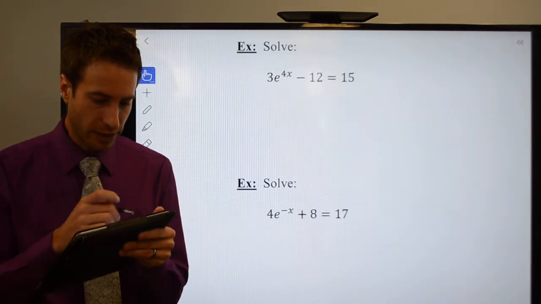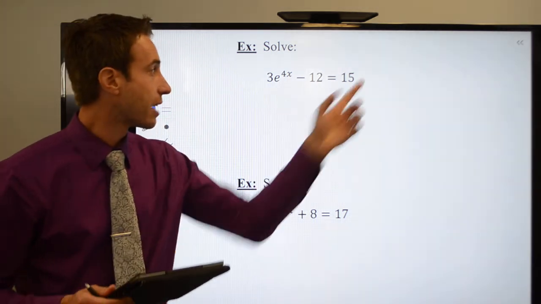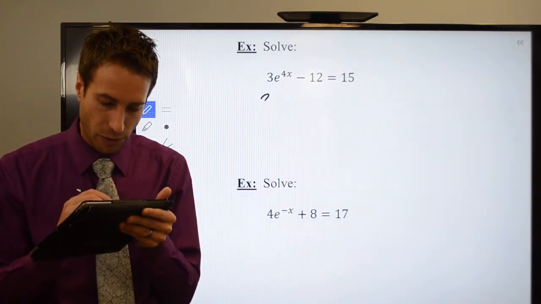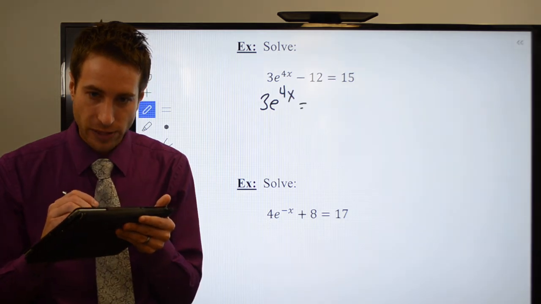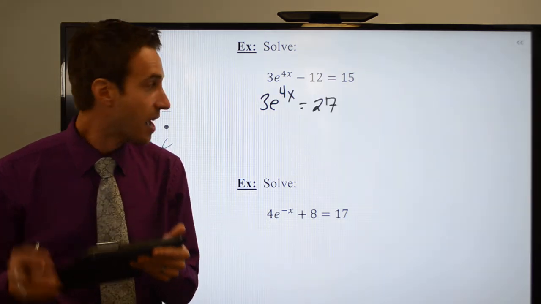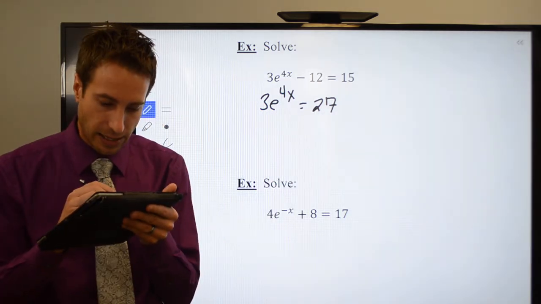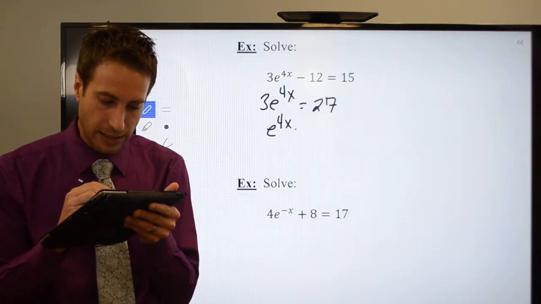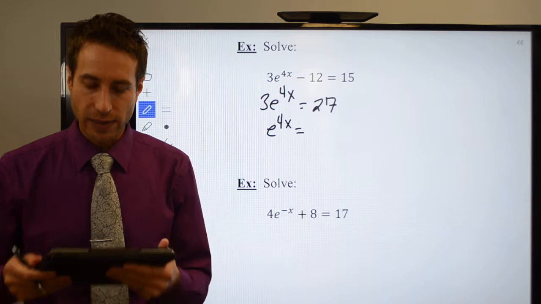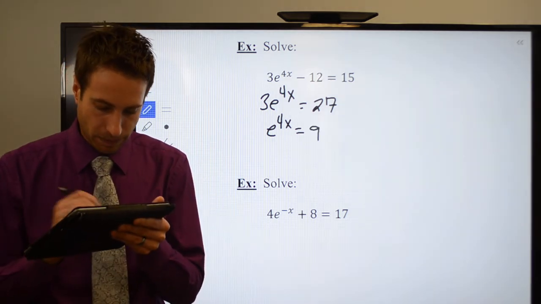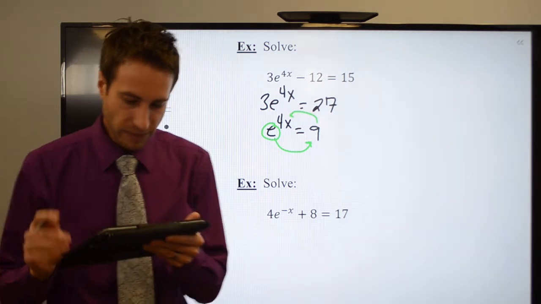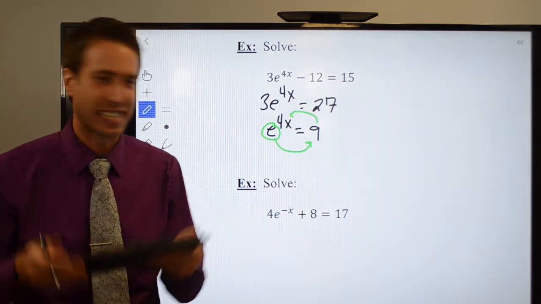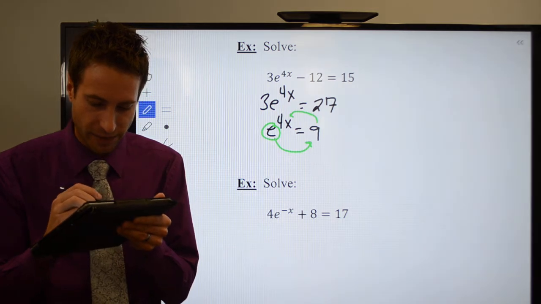Got a couple more for you here. Let's fly through these. Again, got to take care of addition and subtraction first. So I'm going to have 3e to the 4x is equal to, I add 12 to the other side and we get 27. Then I've got to divide the 3 to the other side. So e to the 4x is going to be equal to 27 divided by 3, which is 9. Snail method. I say it high and slow like that because that's just how I picture a snail talking if they could talk.